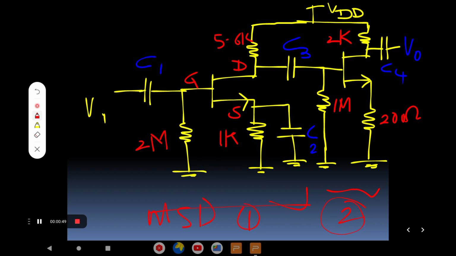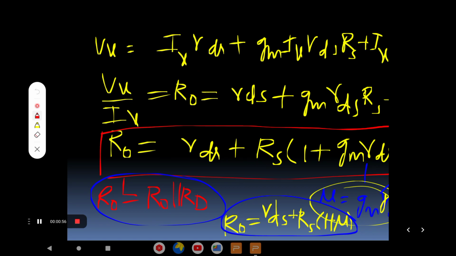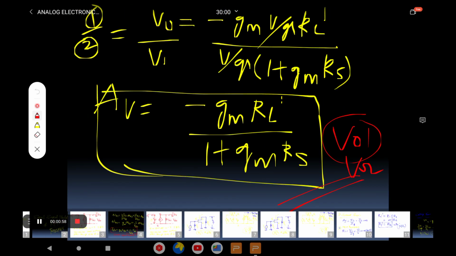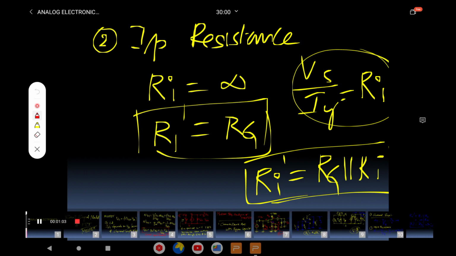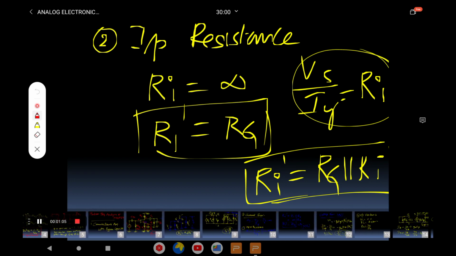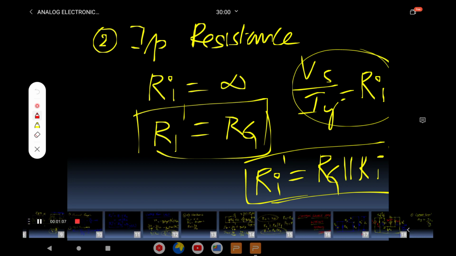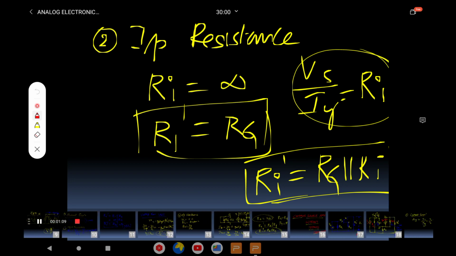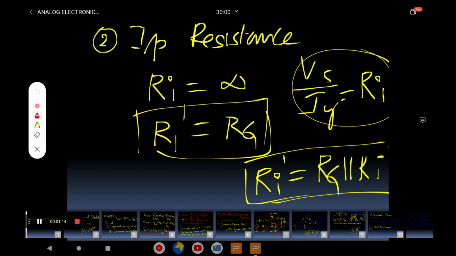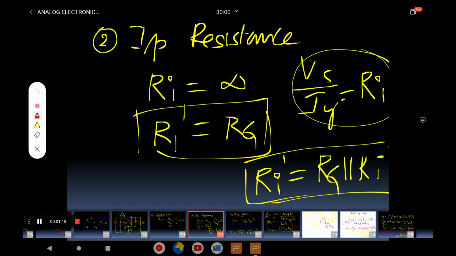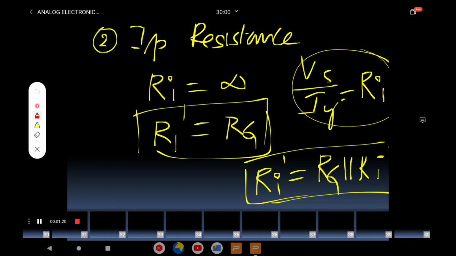If you want to do the multi-stage amplifier analysis, we need to follow some procedure. We discussed that procedure at the start of our videos, I think. I don't know whether it is in this video or a previous one, but we need to follow 4 steps. First, identify the corresponding type of configuration, whether it is common source or common drain.